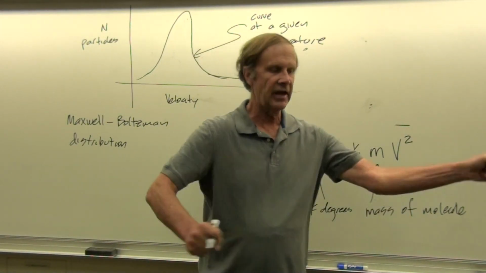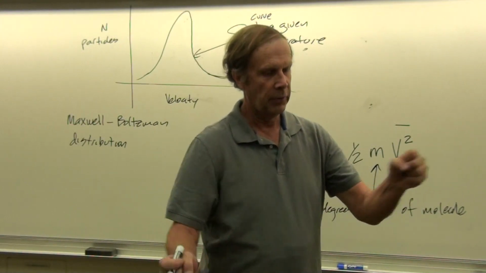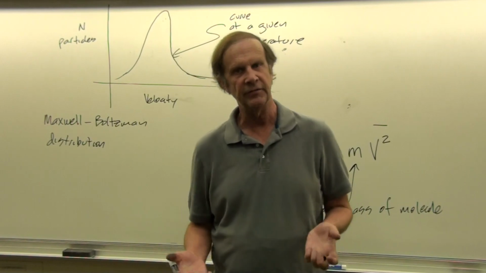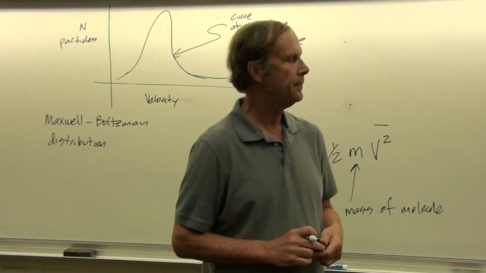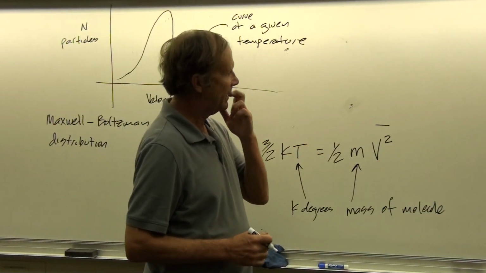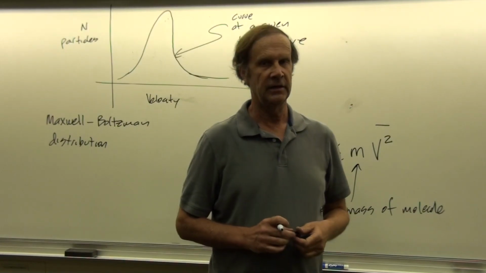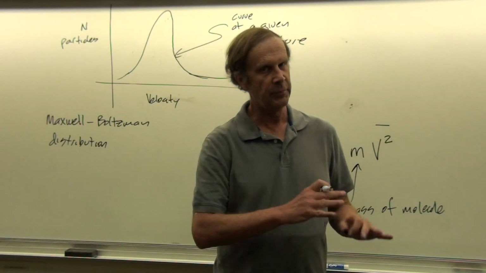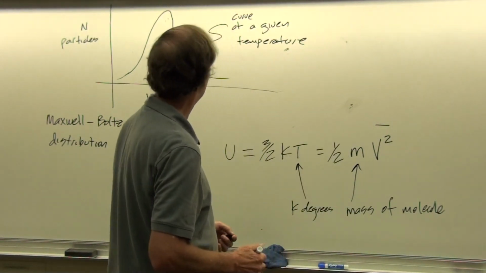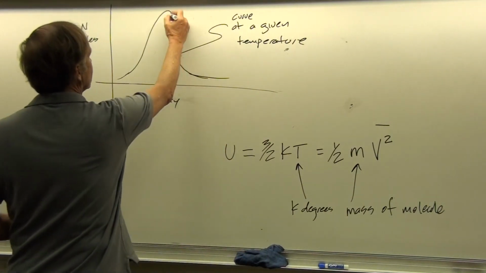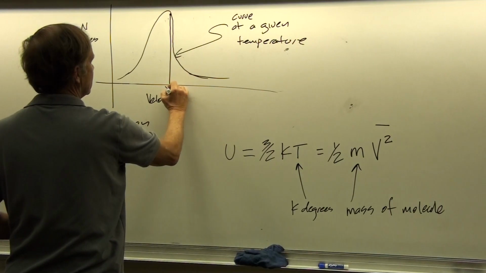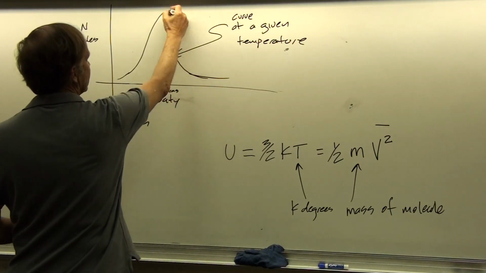Okay, so in other words, if you had pool balls that were knocking each other all around on a table, some would be moving faster and some would be moving slower. But you could still figure out what the mean square of the velocities were, but there would be a spread because they wouldn't all be going the same speed at any given time. And so somewhere in here we would have VRMS, a little bit past the peak.